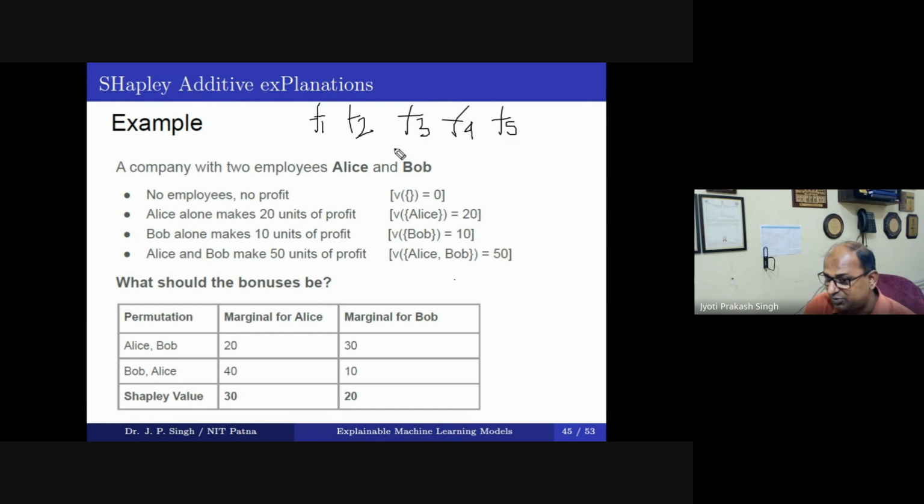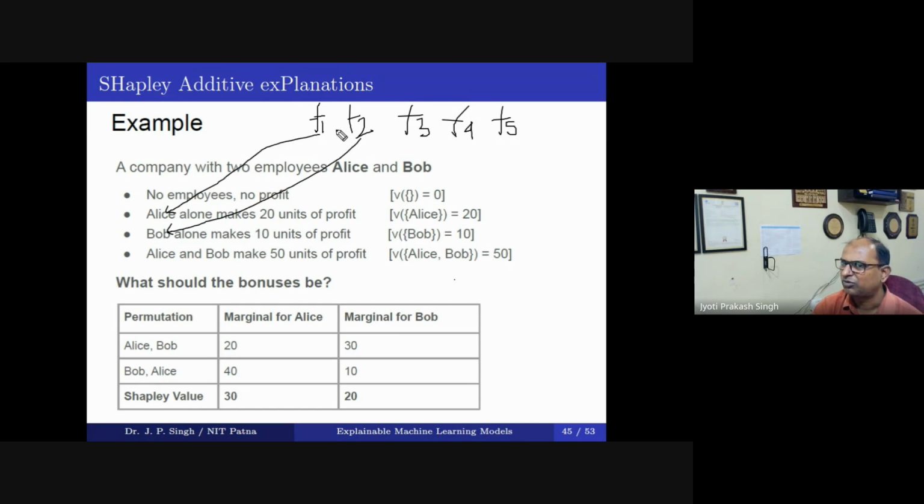Now with these 5 features, you can find out which feature is important for me, or how much margin should be given to each feature. So these features are very similar to Alice and Bob. You can say this is Alice, this is Bob, this feature is Charlie, this is John, this is Thornton, and so on.